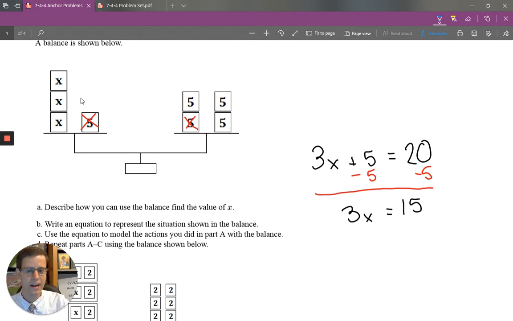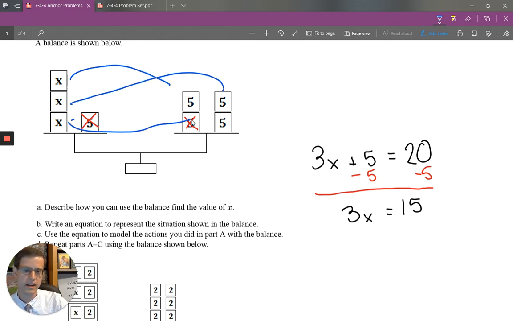So if I divide these 3 into what's left here, each x gets a 5. So x equals 5. In other words, 3 times x equals 15. Divide by 3, divide by 3, and x is going to equal 5.